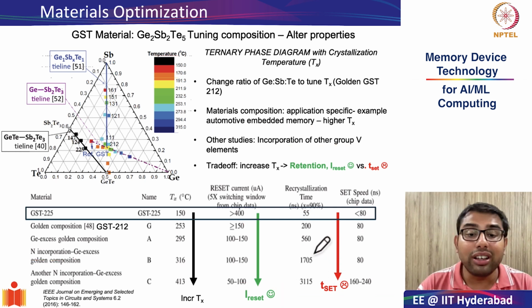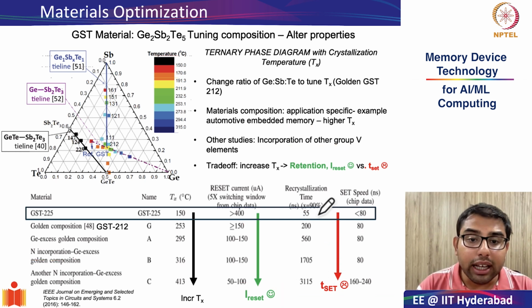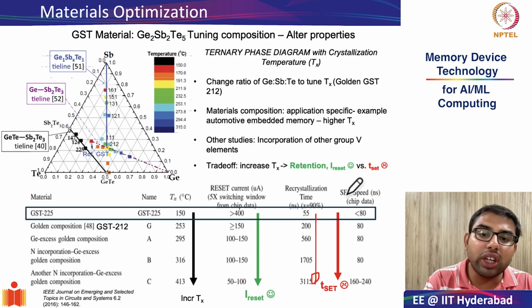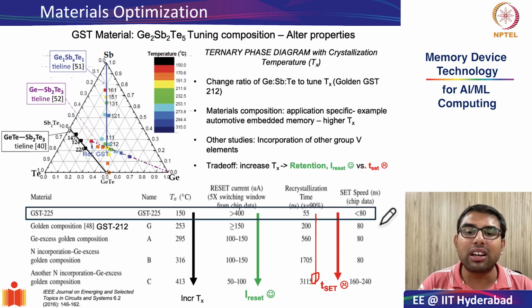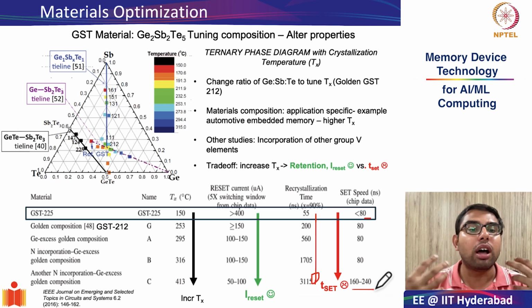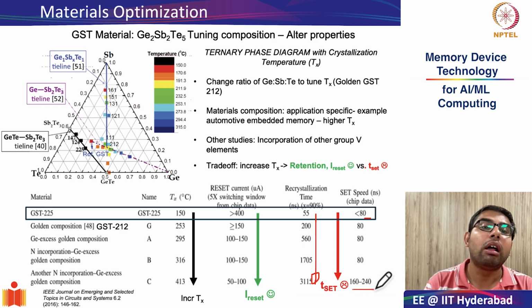The trade-off is that the recrystallization time increases by almost 2 orders of magnitude, and therefore even the set latency, remember the latency is decided by the long set pulse, that also increases from less than 80 nanoseconds to almost 200 nanoseconds. So there is always a trade-off with trying to improve retention and reliability by increasing the crystallization temperature.